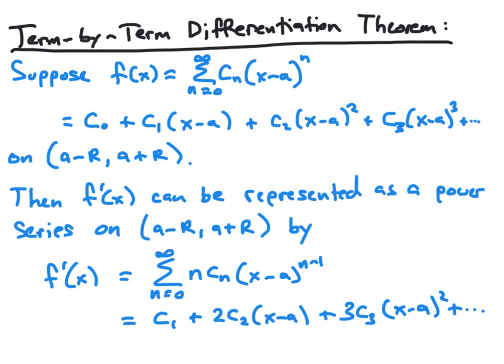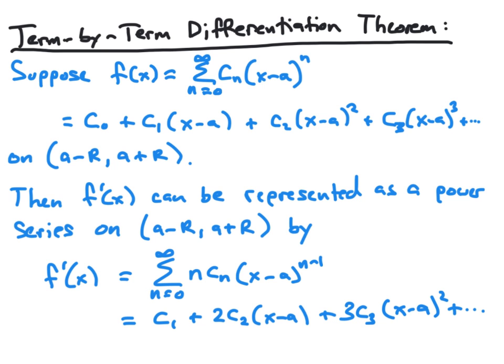If we have such a function in a power series representation, then f prime of x, the derivative of f, can also be represented as a power series on that exact same interval, and therefore will have the same radius of convergence r. And the power series representation for f prime of x will be given by the sum from n equals 1 to infinity of n times c sub n times x minus a to the n minus 1.